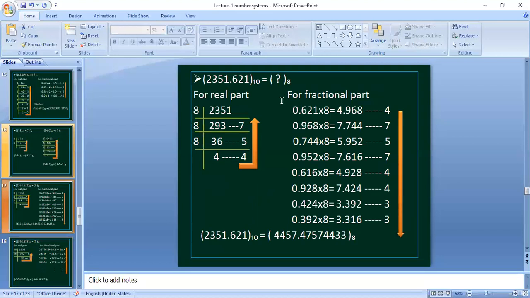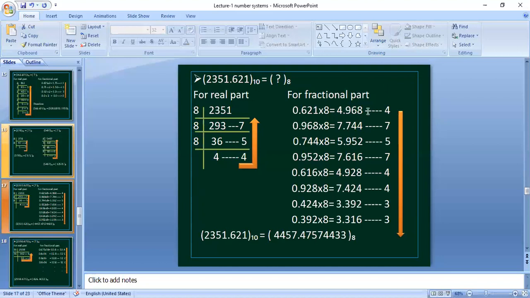And for the fractional part, that is 0.621, if you want to convert this fractional part to equivalent octal, we need to follow the successive multiplication with 8. So 0.621 into 8. What is the result? 4.968. Write the integer part at the right side.